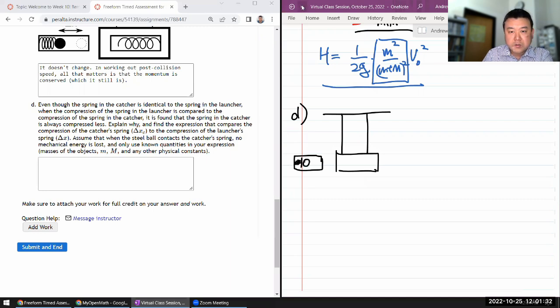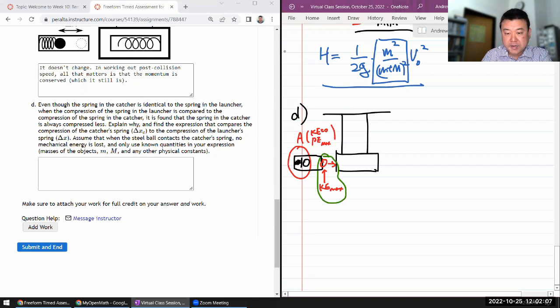Let me call this snapshot A, where you had zero kinetic energy, all potential energy, max. And this fires, and you have a ball that's moving. All of this maximum potential energy went into here. So here's where you have maximum kinetic energy. This is my snapshot B.